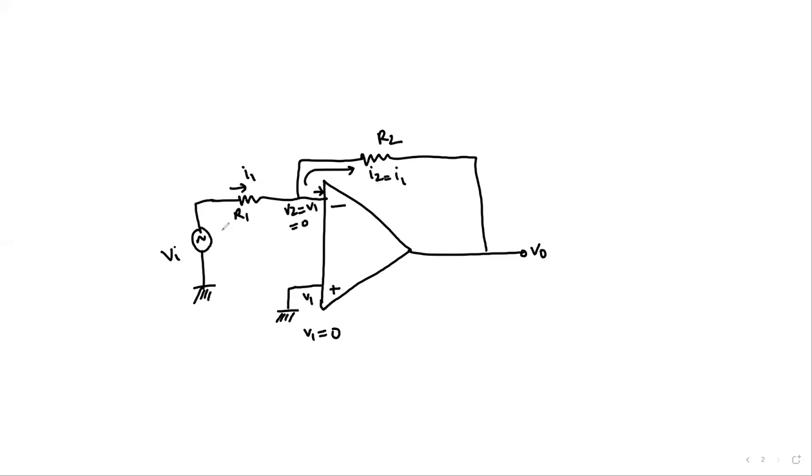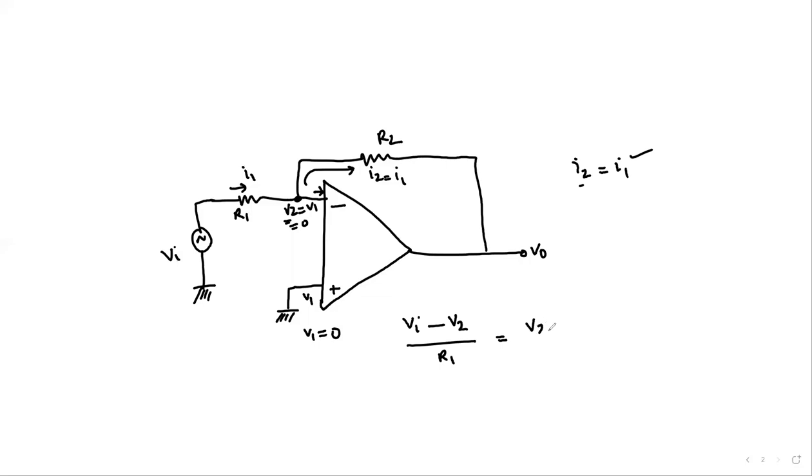So let's apply Ohm's law. We can say that I2 is equal to I1. What is the value of I1? I1 is Vi minus V2, which is the potential at this node, divided by R1. And we equate that to I2.